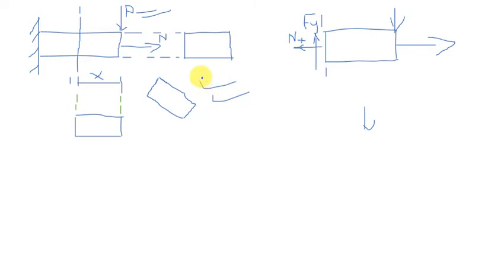Then for this member here not to be rotated, this member will be subject to bending. How does bending look like? Something like this. For this member not to bend, we must have an equal and opposite force to counter this force here.